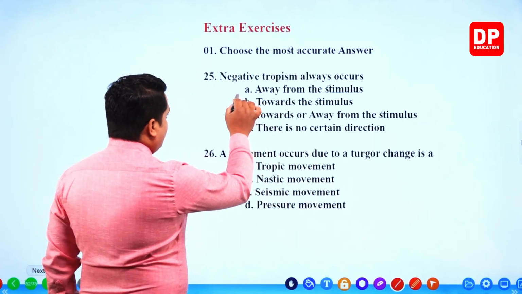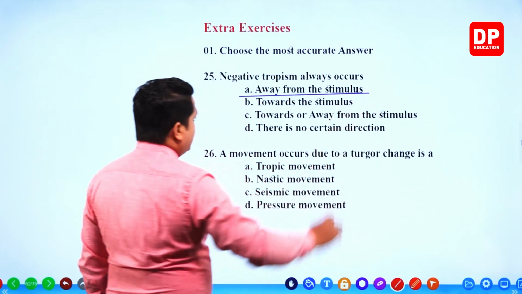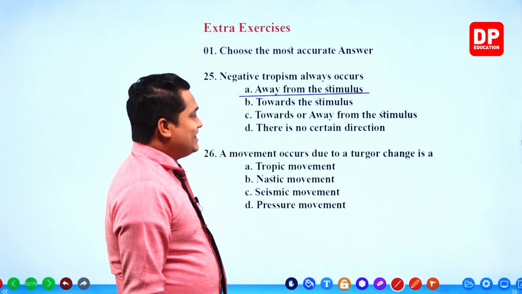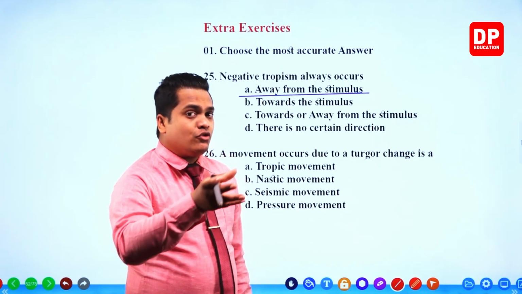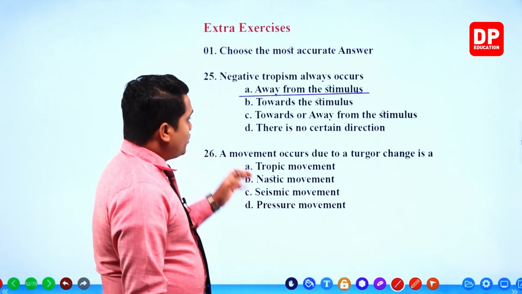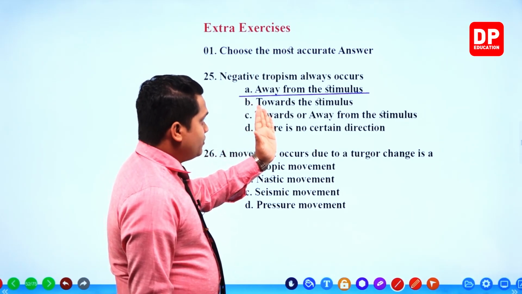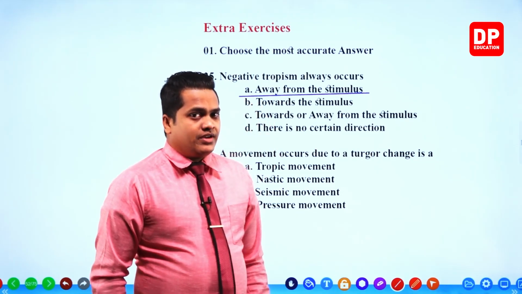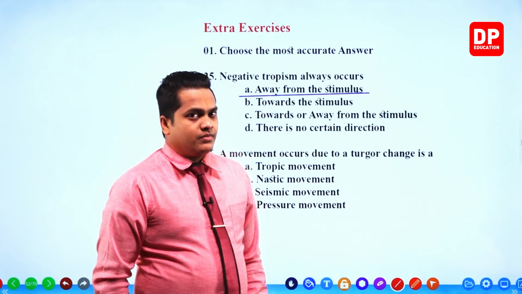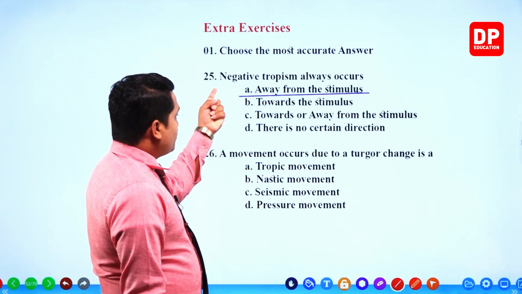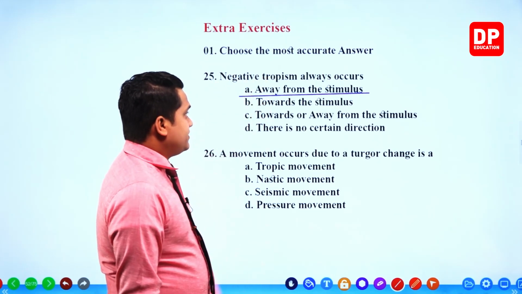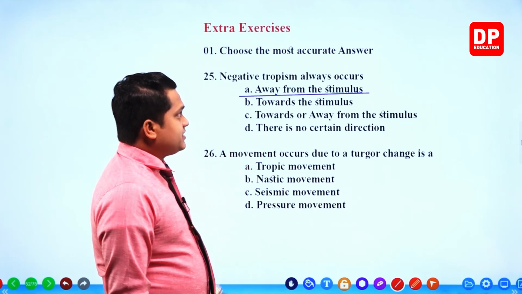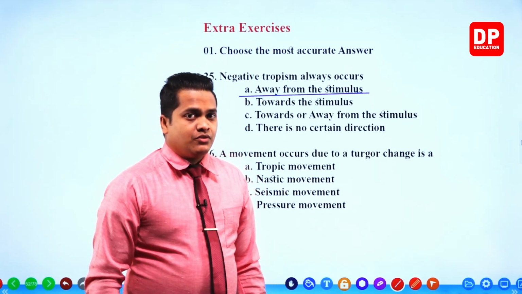The first answer is correct. If it is happening towards the stimulus, then it is referred to as a positive trophic movement. If it occurs away from the stimulus, then it is referred to as a negative trophic movement. The question is asking about negative tropism, so it always occurs away from the stimulus.